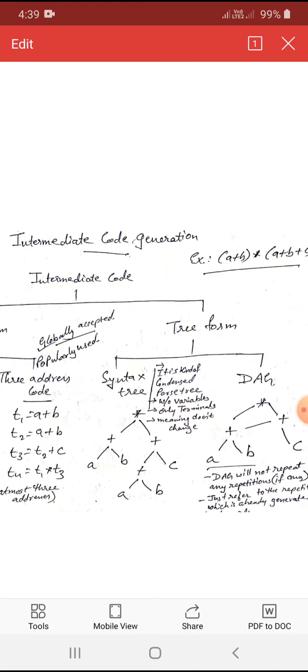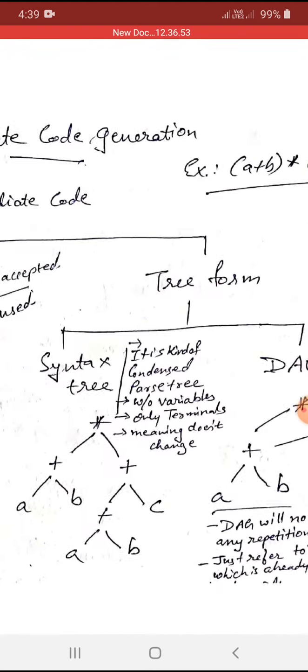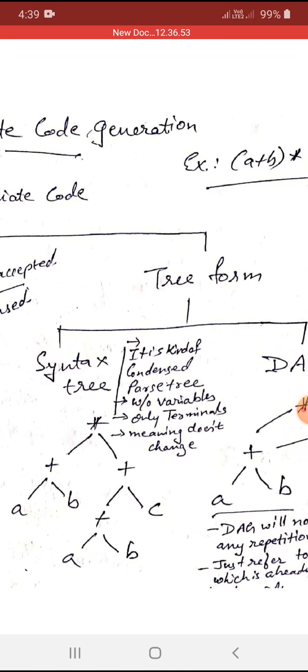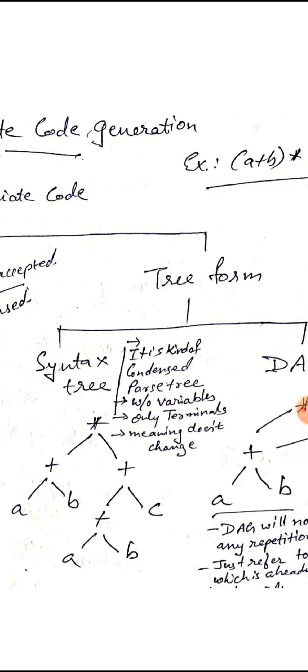In the syntax tree, it is a kind of condensed parse tree without variables, and there will be only terminals, meaning that it does not change. These are some of the characteristics of the syntax tree that we already know. So, a b plus, then again a b plus, then again plus plus star at the top.